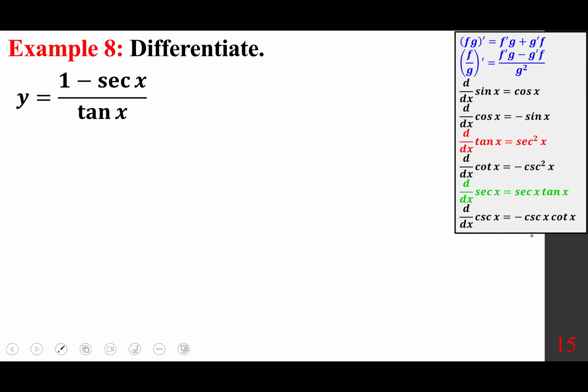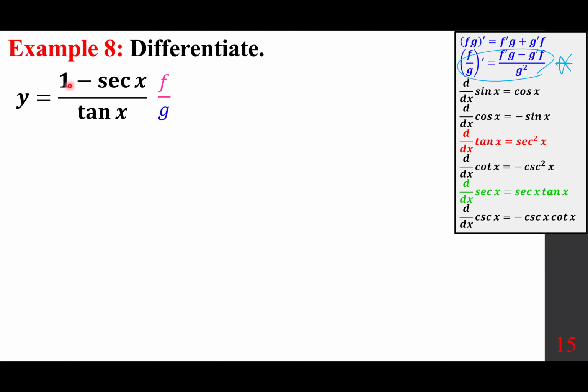Y equals 1 minus secant x over tan x. We want to differentiate. And again, we write it as f over g, which means we are going to use the quotient rule again. So f prime g minus g prime f over g squared.